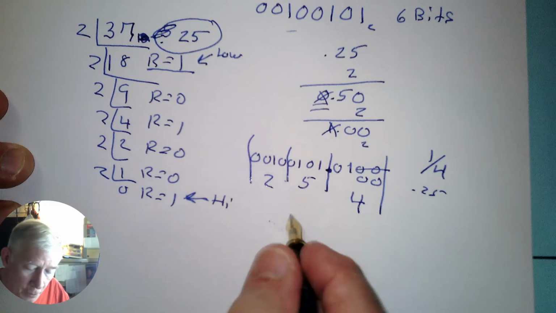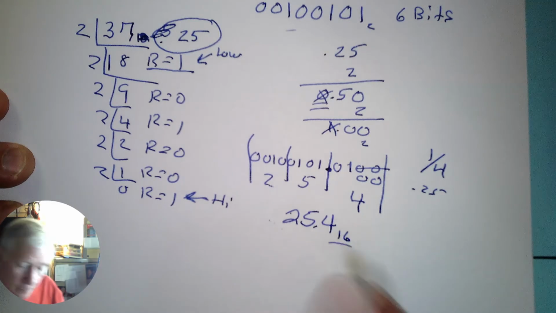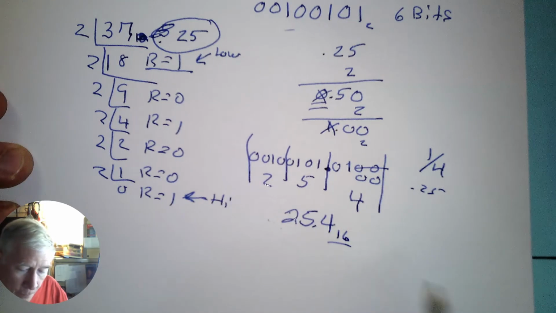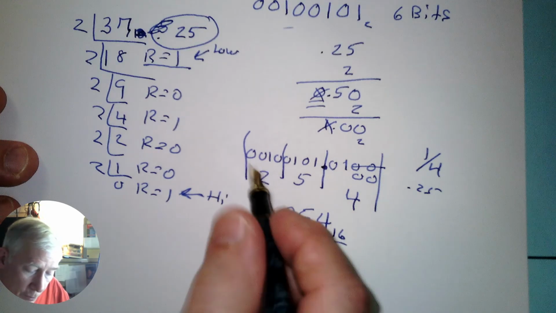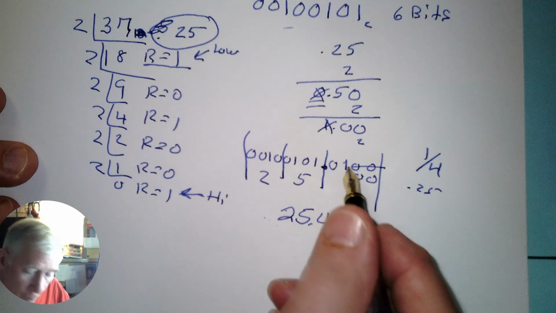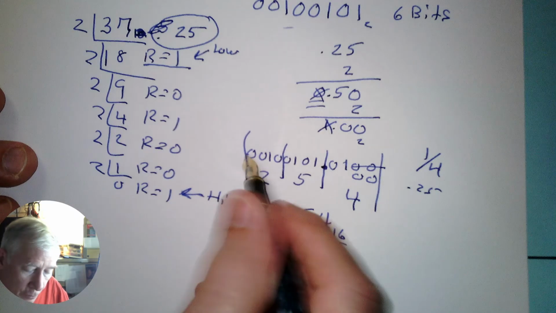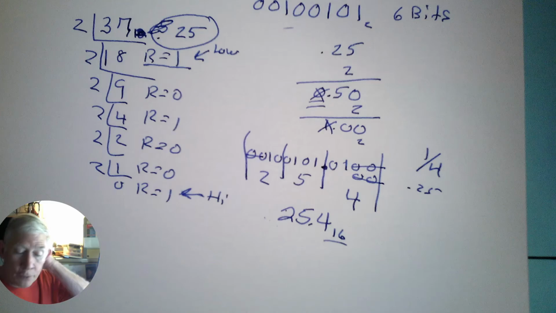So in hex, it would be 25.4 base 16. And in binary, it's going to be 0010 0101.01. And you can take off these leading zeros and these trailing zeros. All right? Hopefully that makes sense.